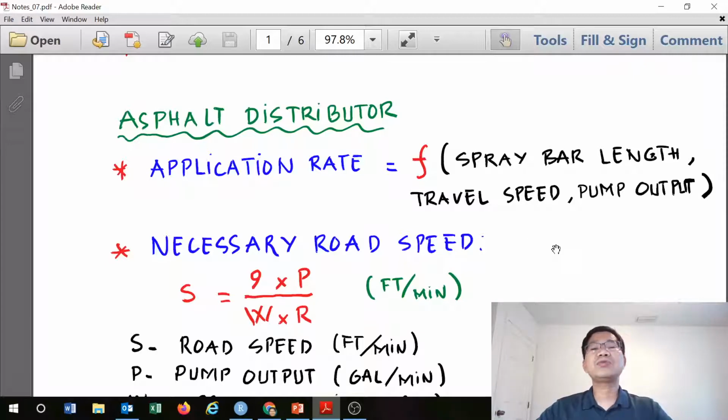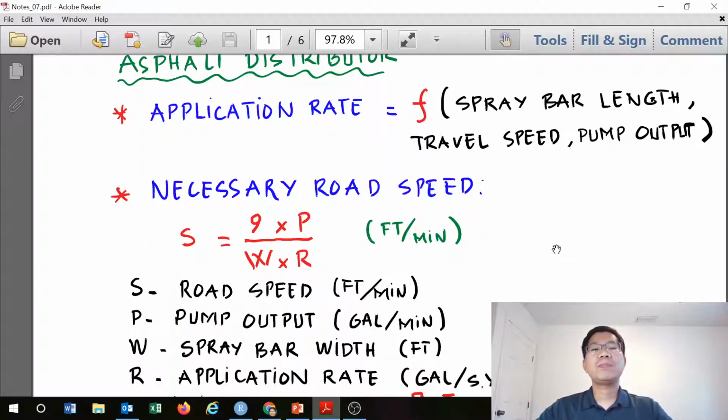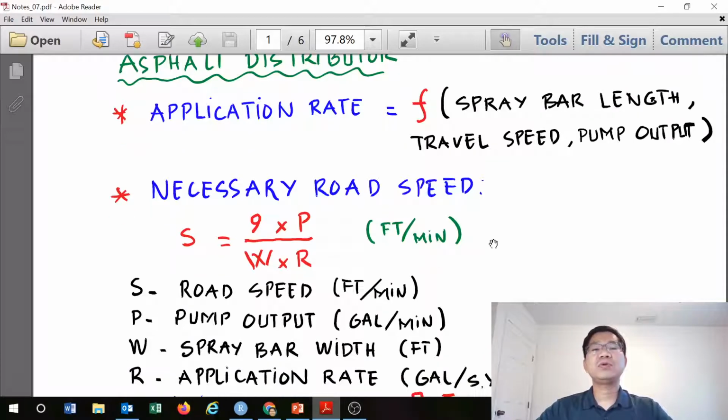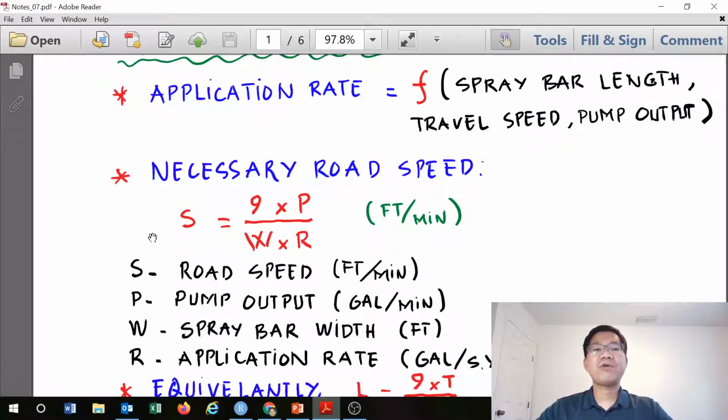From that application rate and those functions, we come up with the equation in the textbook for the necessary road speed, which is the travel speed of the asphalt distributor, and that stands for S. S equals 9 times P, which is the pump output in gallons per minute, and W, capital, the spray bar length or spray bar width, measured in feet.